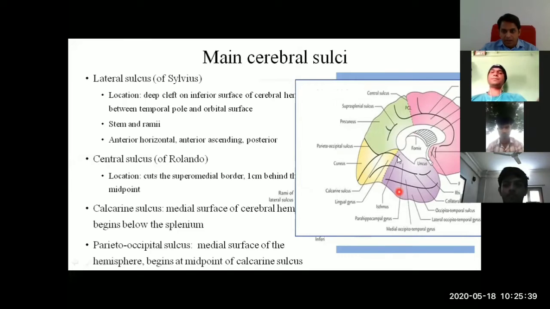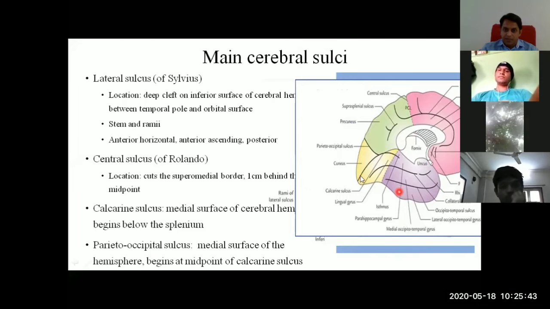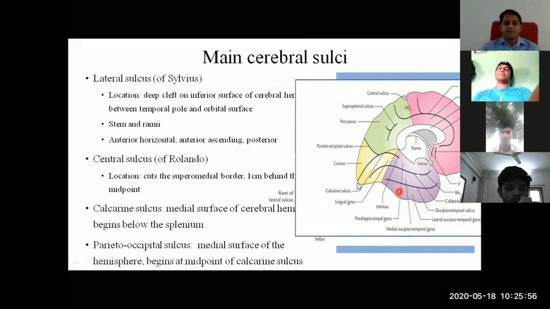So it begins behind the splenium of the corpus callosum and runs on its medial surface, and it cuts the superolateral surface slightly. And I said before, this post-calcarine sulcus acts as which type of sulcus? It is running along the axis, so it is an axial type of sulcus, the post-calcarine sulcus.